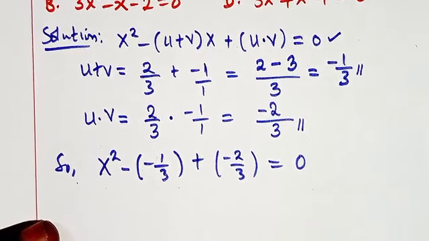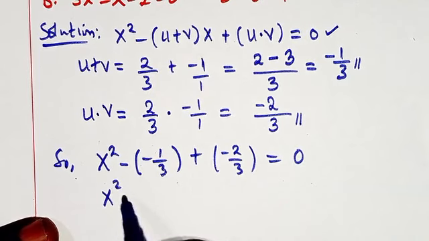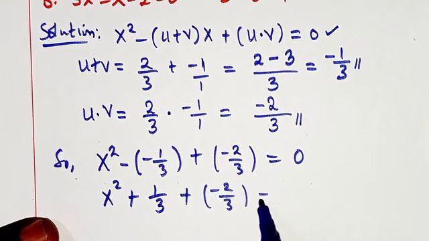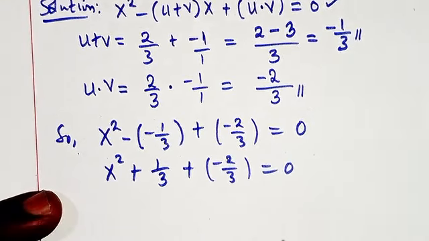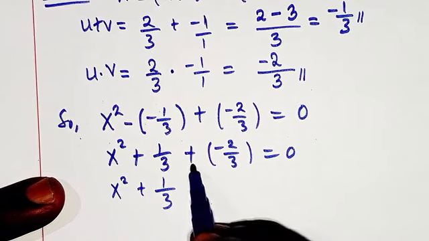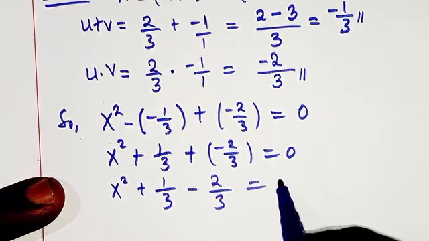Now the next thing is to simplify this further. Minus times minus gives plus 1 over 3 x, then plus minus 2 over 3 equals 0. So we have x squared plus 1 over 3 x, plus times minus gives minus 2 over 3, then equals 0.